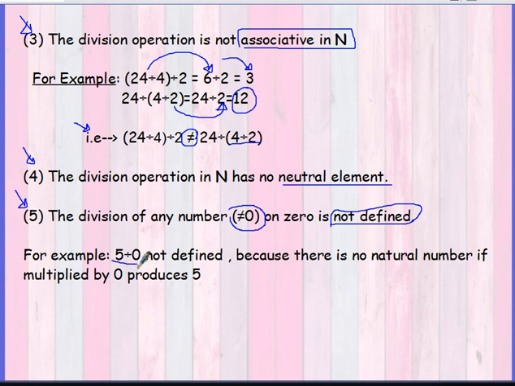For example, 5 divided by 0 is not defined because there is no natural number that, if multiplied by 0, produces 5.